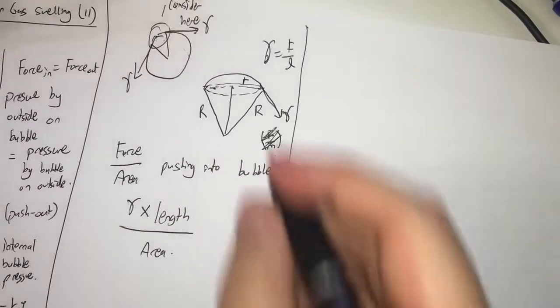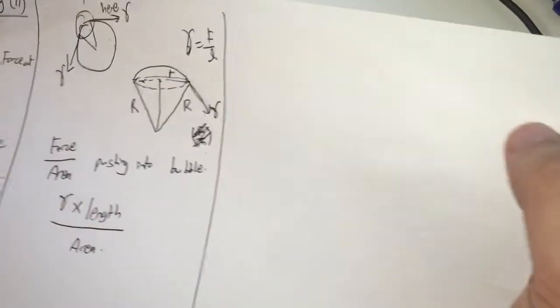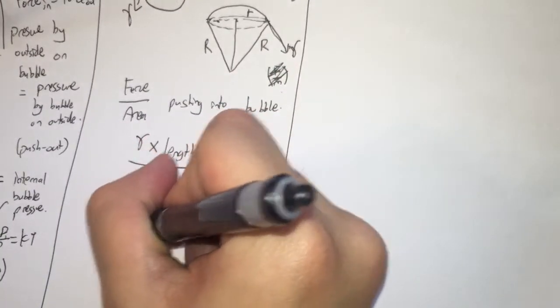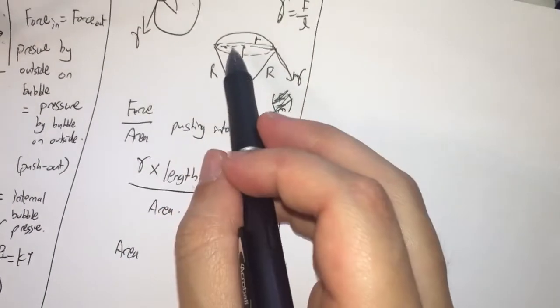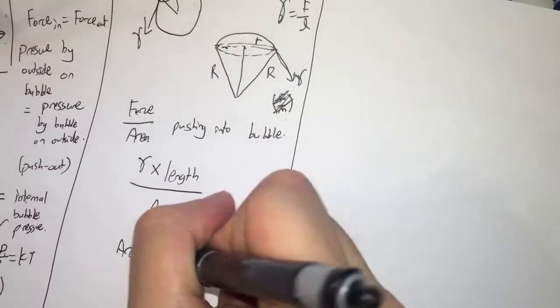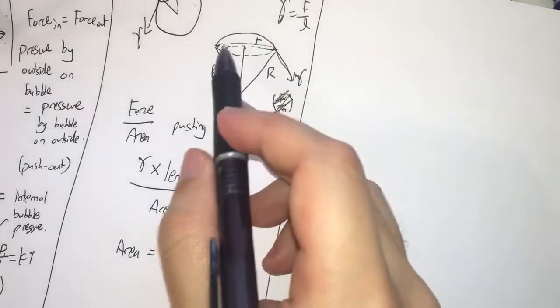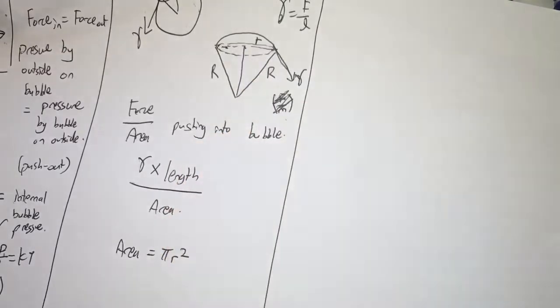So we can do this as follows. The normal area is pi r squared, where r is the small r. This is not the radius of the sphere, but the radius of this small circular chunk.